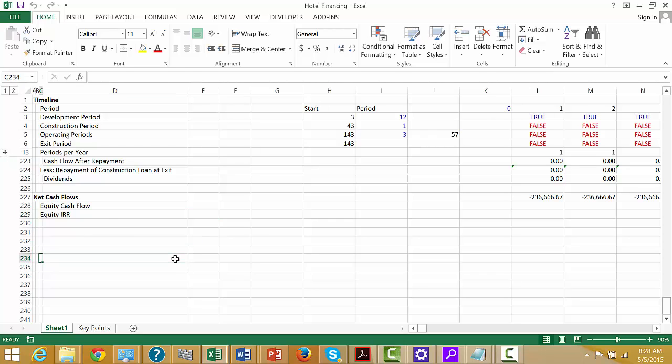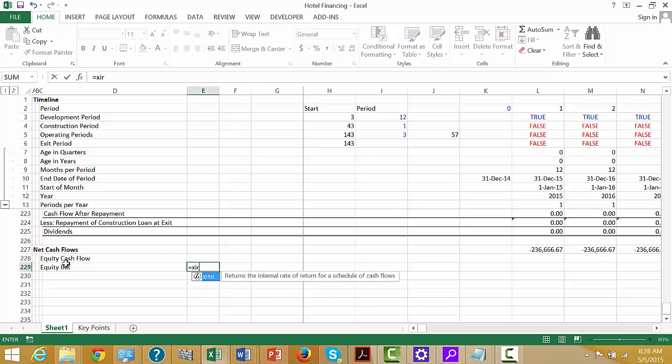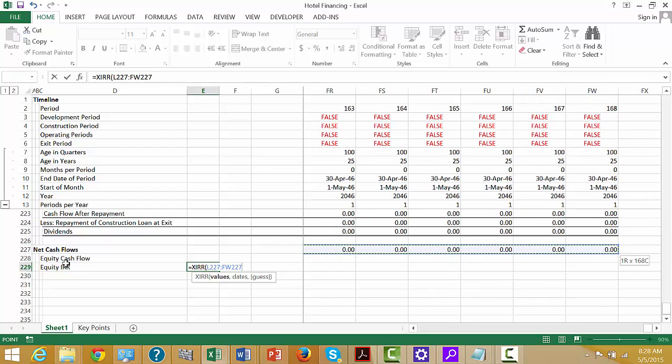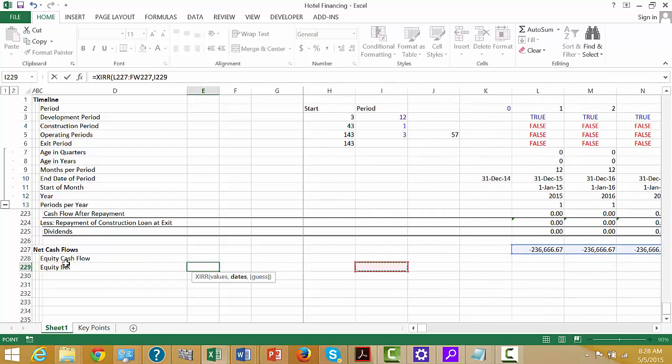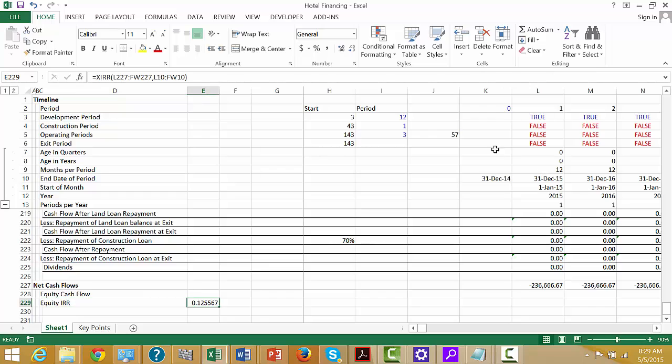Oh, come on. Come on! Let's XIRR, and let's try this one, and then put these on. Okay, so that then we get Shift Control P, and there's our hotel financing.